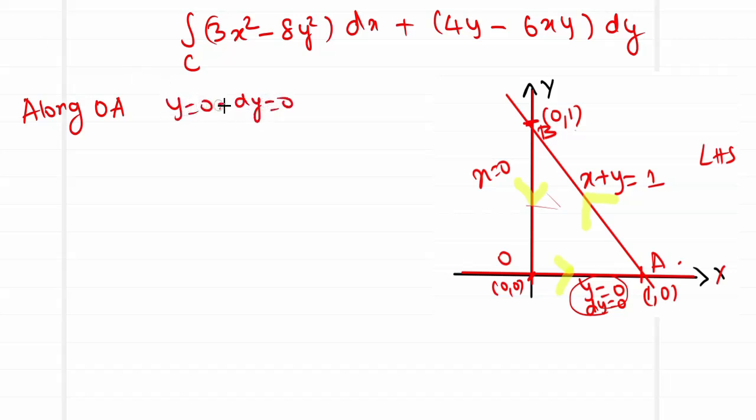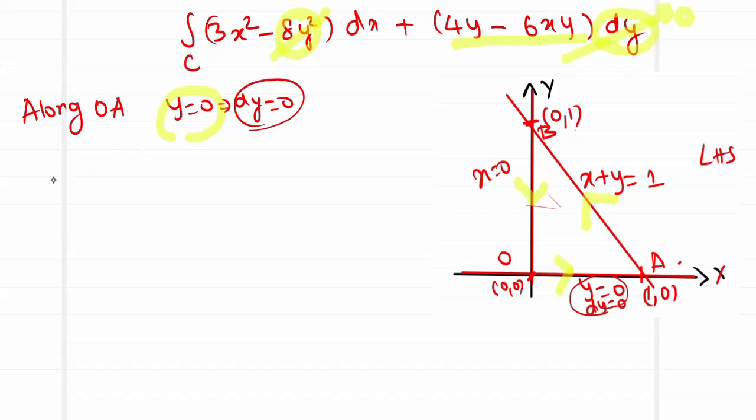So y equal to 0 implies dy equal to 0. When these quantities are substituted, what will happen to the second term? The second term, which has dy, will entirely vanish, moving towards 0. Now y equal to 0, and over here we have a y, so what will happen to this term? This term will vanish.